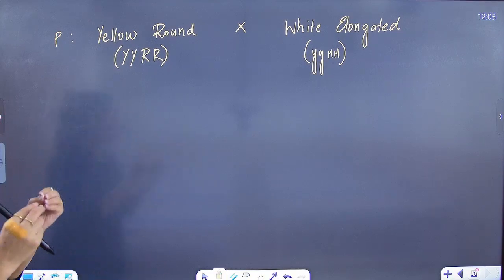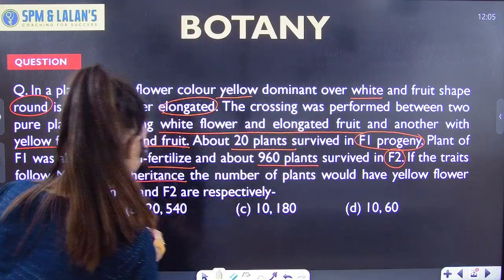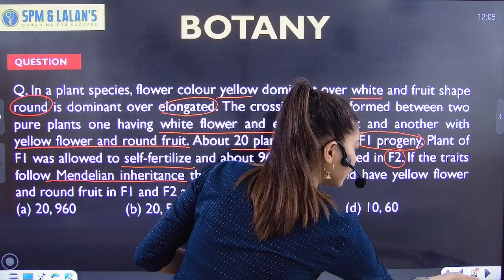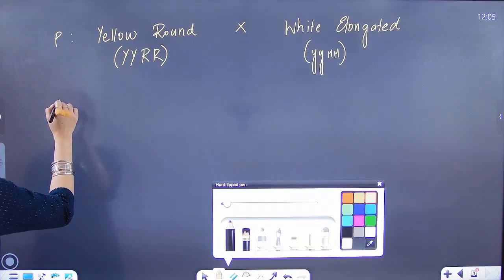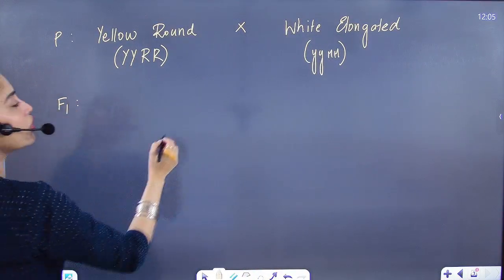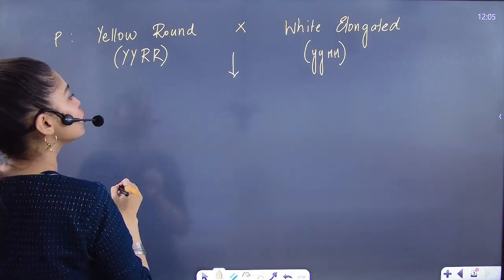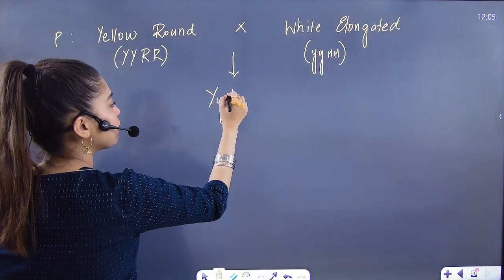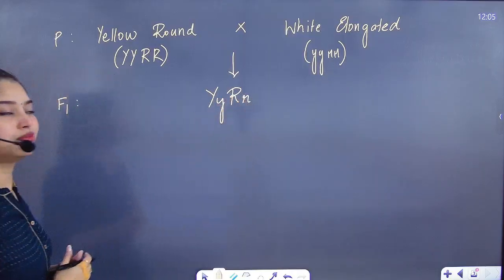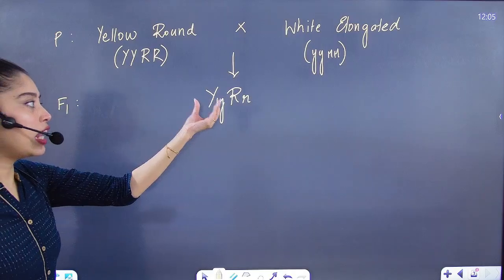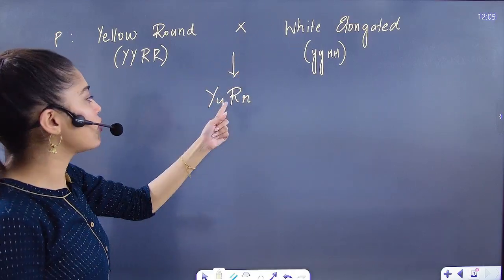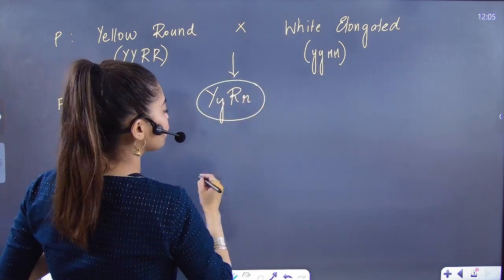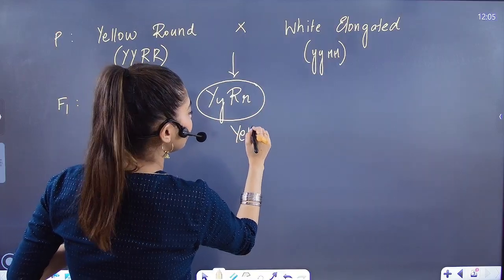Now if we follow the Mendelian principle, in the F1 generation the resultant offspring will have the genotype capital R, small r, capital Y, small y. Since yellow is dominant over white and round is dominant over elongated, the phenotype of the F1 offspring would be yellow round.